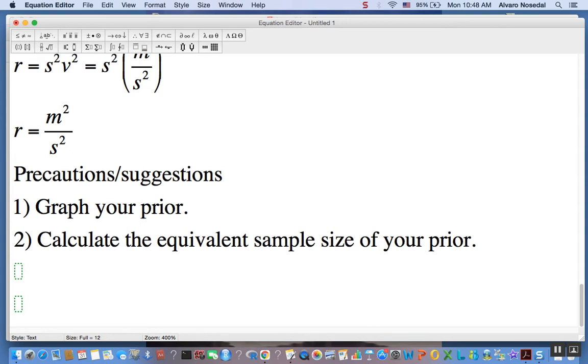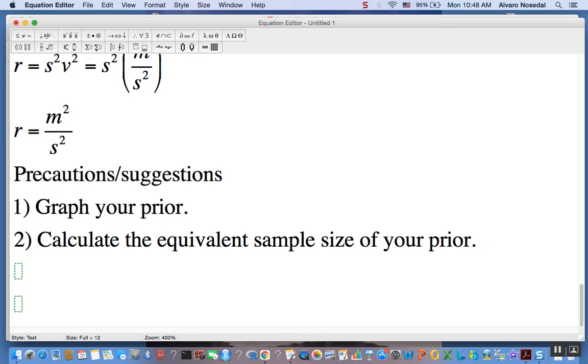Let me show you both ways, and as long as you remember one of them, that's fine, okay? Just remember that you could translate the information that you think you have, your prior information, in terms of a number of observations. There's an equivalency there, okay?